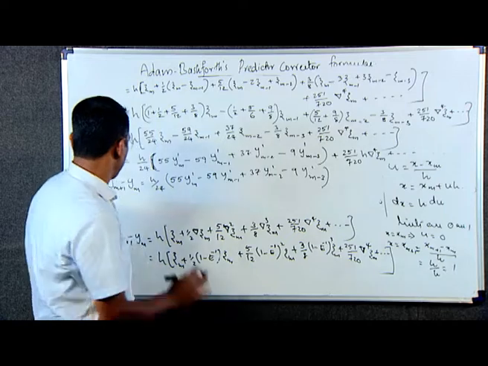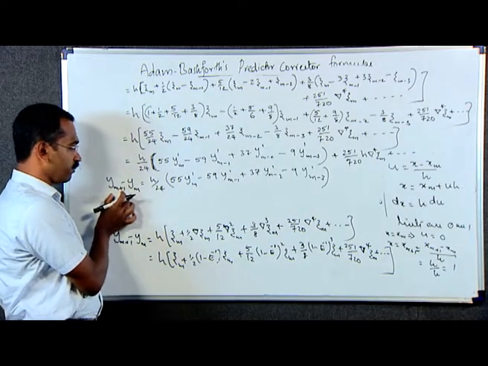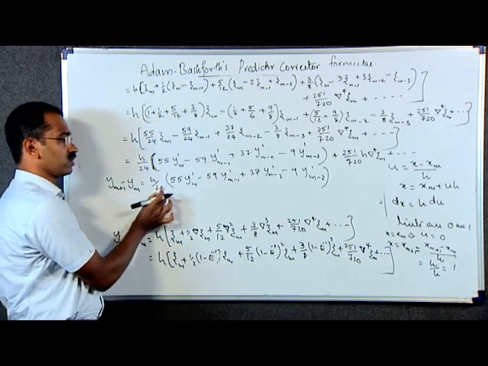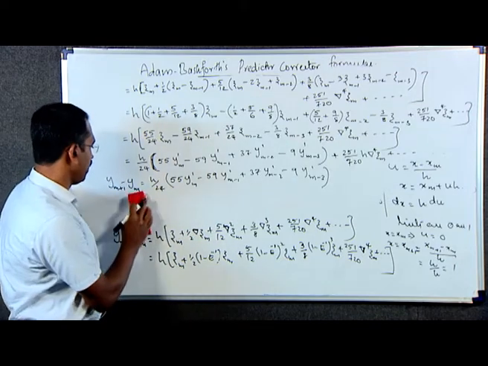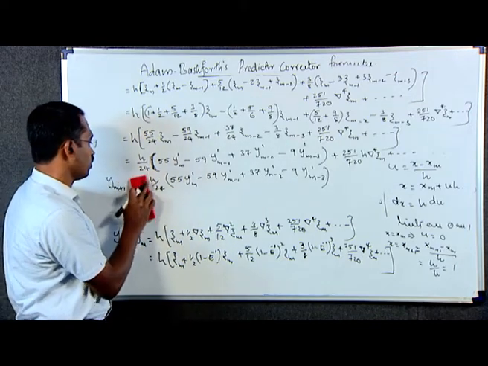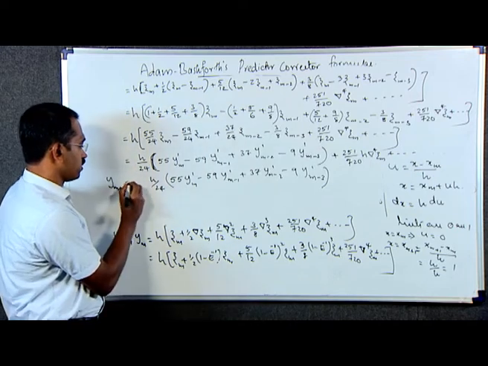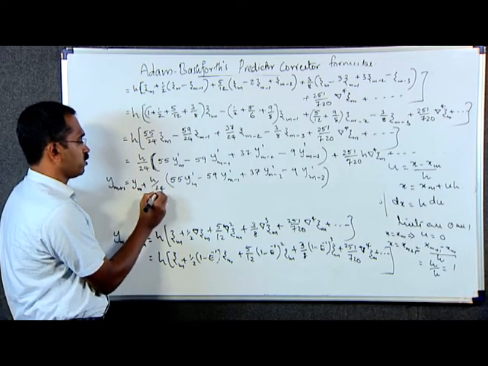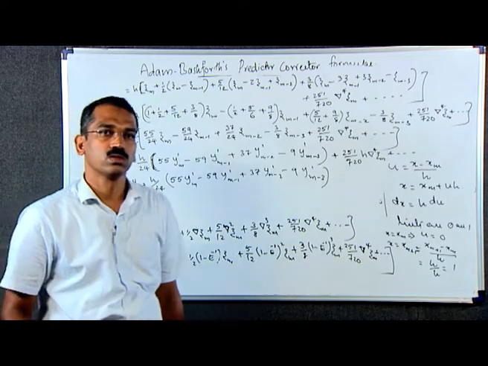That is, from this we can write Ym plus 1 is equal to Ym plus h by 24 into these terms.